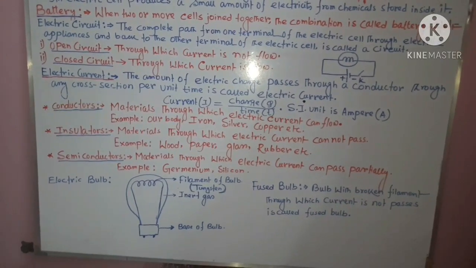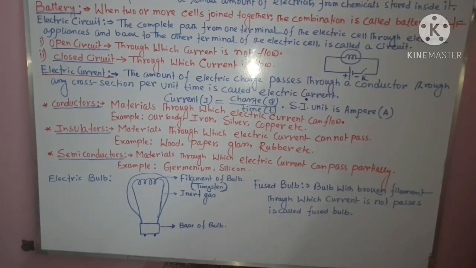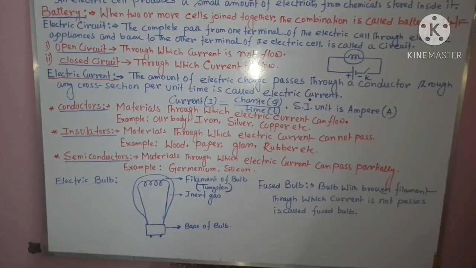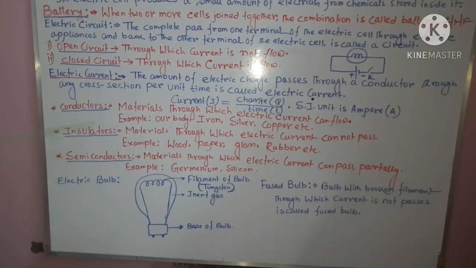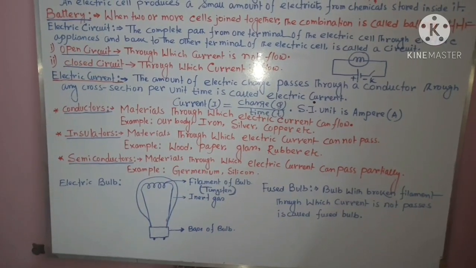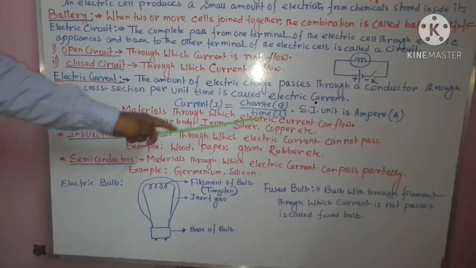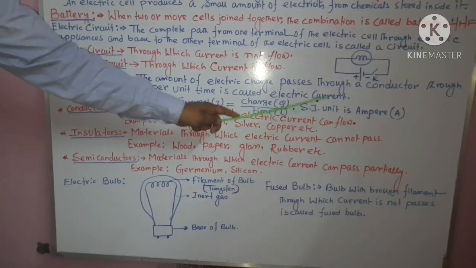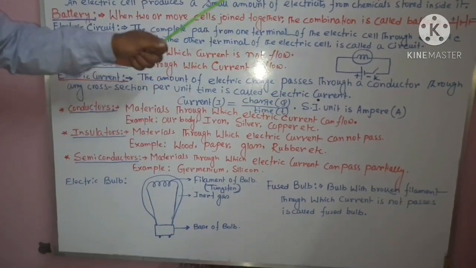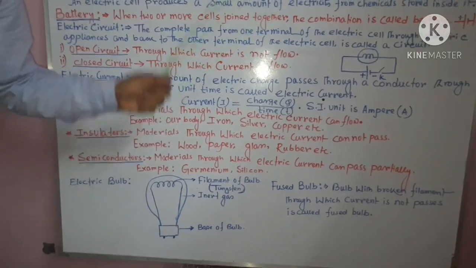What are conductors? The materials through which the current can pass are known as conductors. Example, our body is a conductor. Iron, silver, copper, etc. are conductors. Why? Because through that type of material the current can pass.